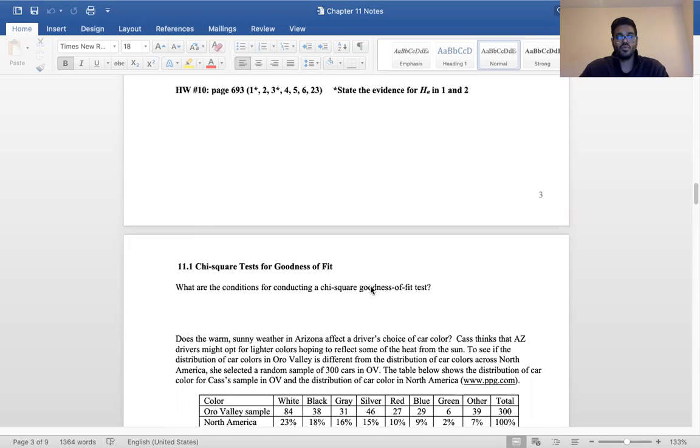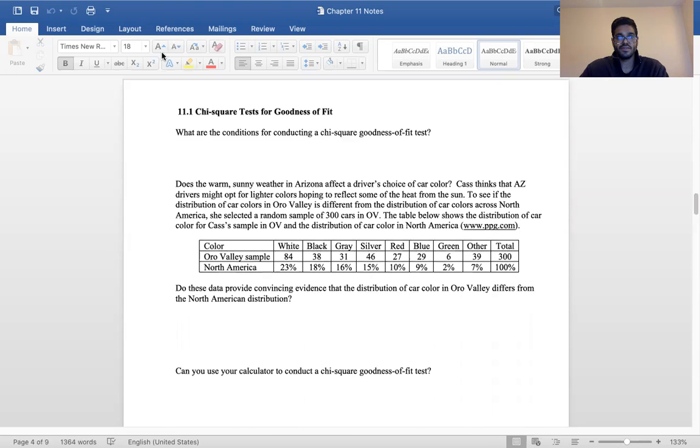What are the conditions for a chi-square goodness of fit test? Again, a lot of similarities with what we've done before. One, randomization, which allows you to extrapolate to the population. Two, the independence condition: n has to be less than or equal to 1/10 of big N. And three, the large counts condition.